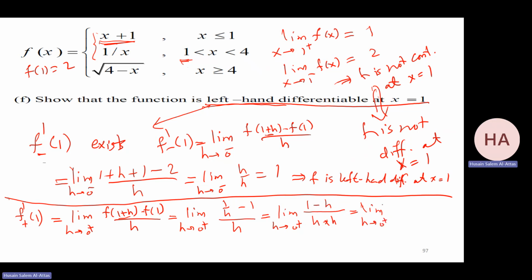And that gave me 1 minus h over h squared, which is plus infinity. Am I correct? This is non-zero over 0, this is positive, this is positive, so I'm getting plus infinity.